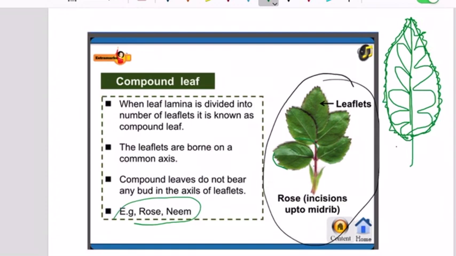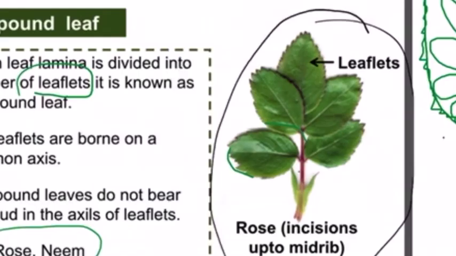All right, so what are the points saying here? Compound leaf: when a leaf lamina is divided into a number of leaflets, it is known as a compound leaf. Divided into leaflets means small leaves. They are divided into small leaves, and the leaflets are borne on a common axis. They have one common axis.